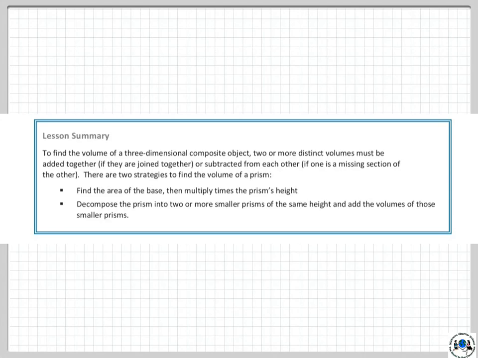All right, lesson summary. Okay, so to find the volume of a three-dimensional composite object, 2 or more distinct volumes must be added together if they are joined together, or subtracted from each other if one is a missing section of the other, which was the case with the triangles. Okay, there are 2 strategies to find the volume of a prism.